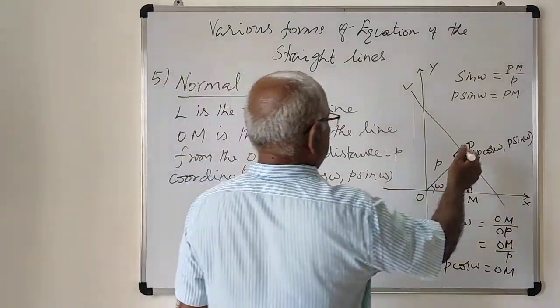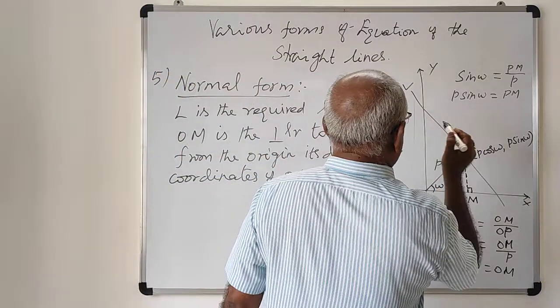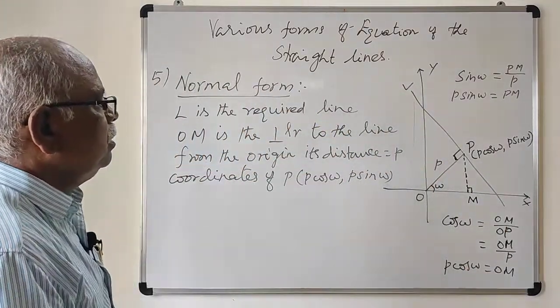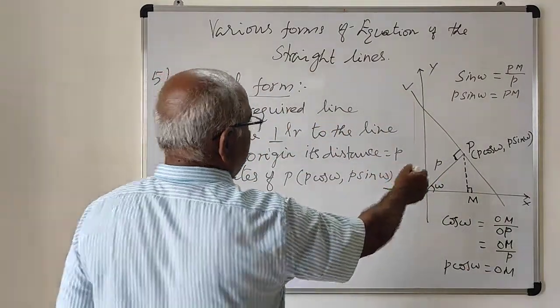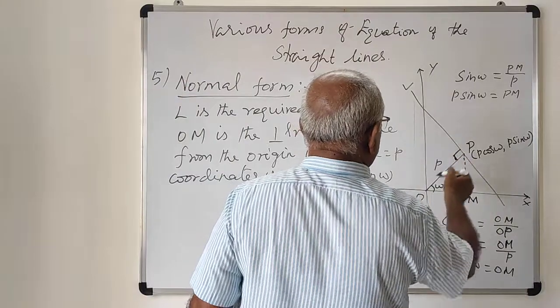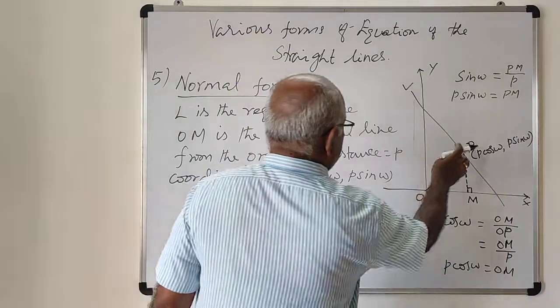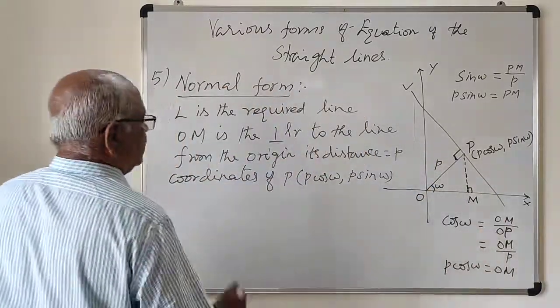So P is any point on the line L. What is the slope of the line? Slope of the line OP is tan omega, the angle made by the line with the x-axis.